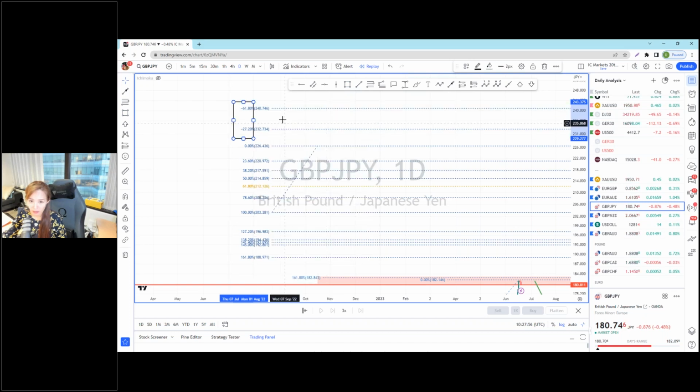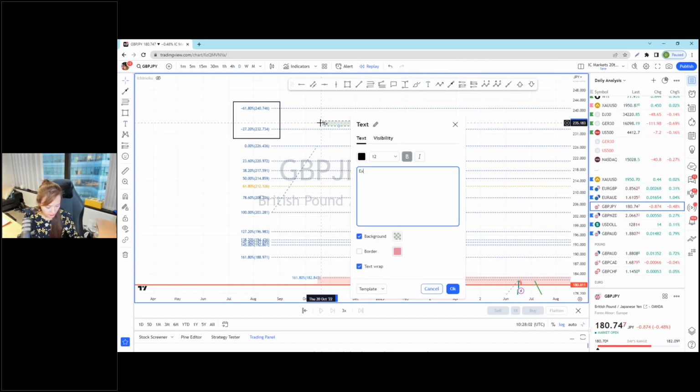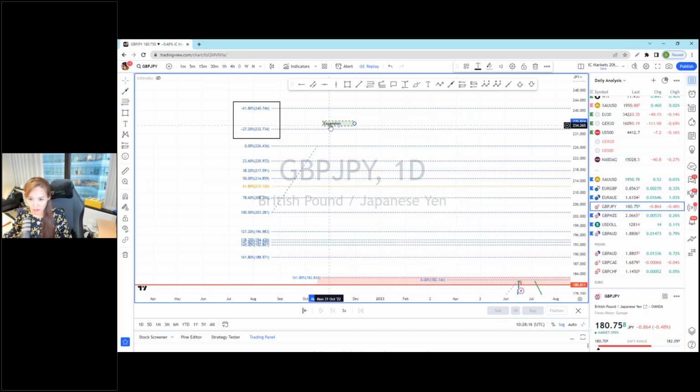This is expansion. You just use these two numbers based on my back testing. We see that price reacts at negative 27.2 and negative 61.8 the most for the expansion.